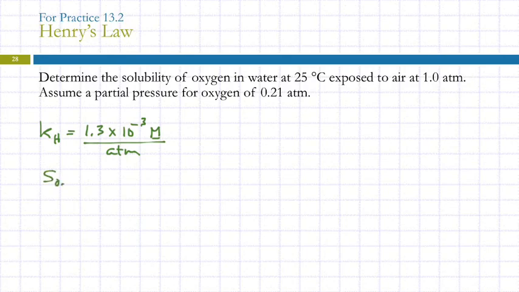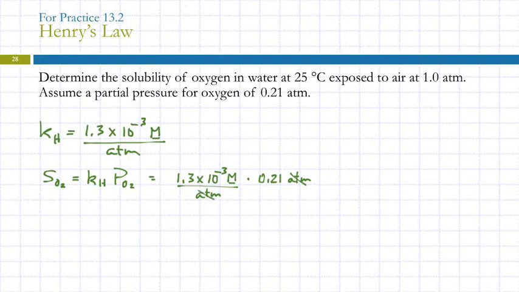The solubility of oxygen is going to equal the Henry's law constant times the partial pressure of oxygen. So 1.3 times 10 to the minus third molarity per atmosphere times the pressure, 0.21 atmospheres.